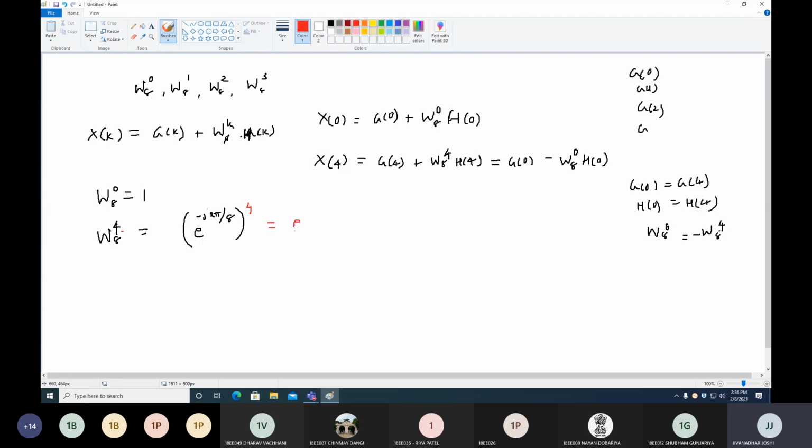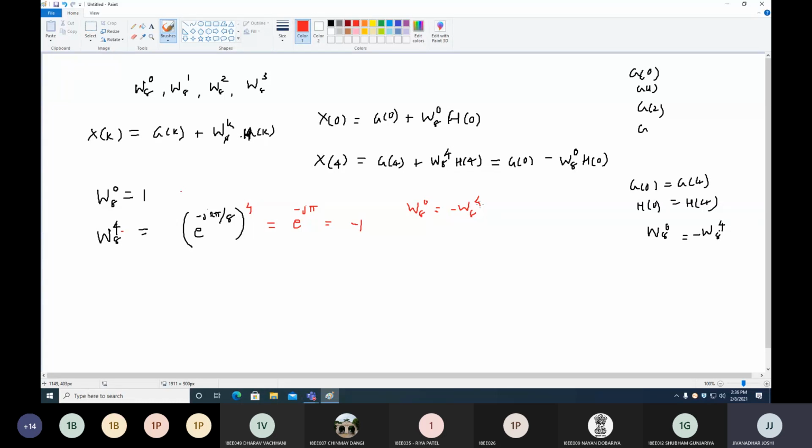So this is equal to e raised to minus j 8 pi by 8, that is e raised to minus j pi, and you know e raised to minus j pi is equal to minus 1. Correct? We just saw that e raised to minus j pi equals minus 1. Cos pi minus j sin pi equals minus 1. So can I also say that W8 raised to 0 is equal to minus W8 raised to 4? Yes or no?